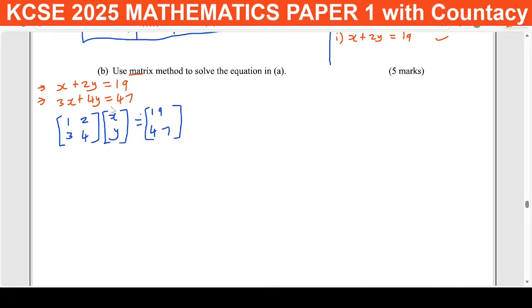So to be able to work out using the matrix method, there are some things that are mandatory that you are really supposed to know. And the first thing that you're really supposed to know is how to find the determinant of a matrix. The determinant of a matrix.